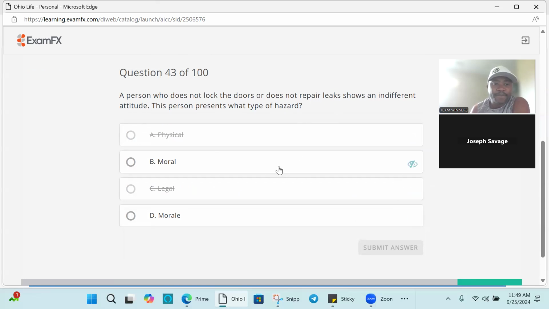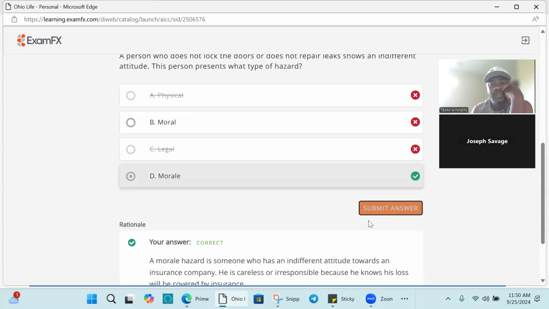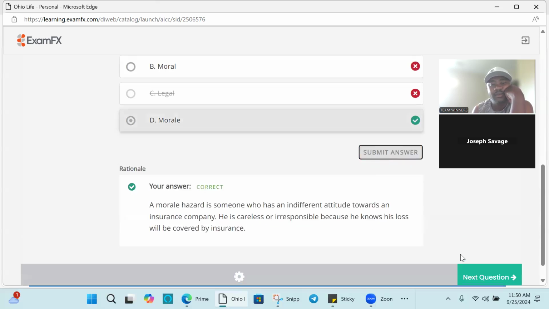The key words there are repair leaks, lock the doors, and indifferent attitude. So that's morale then. That is correct. Indifferent attitude: they don't believe they're ever going to suffer a loss.